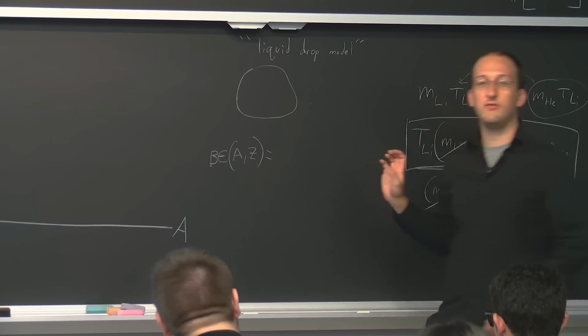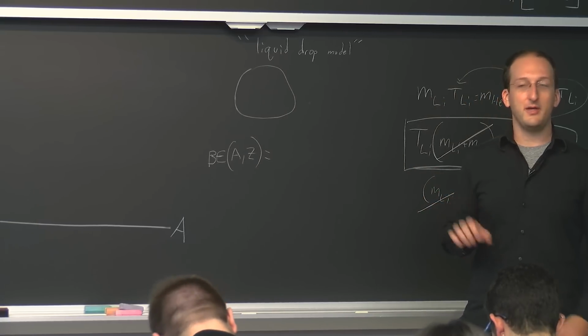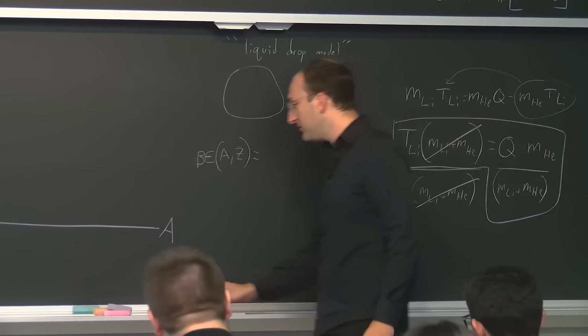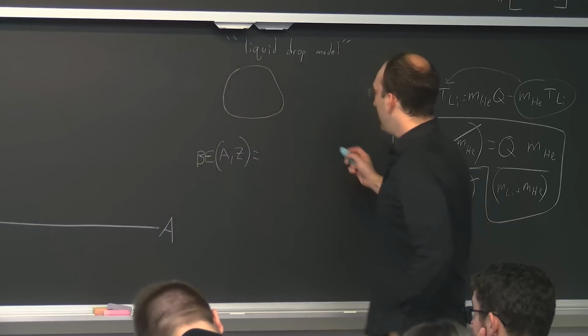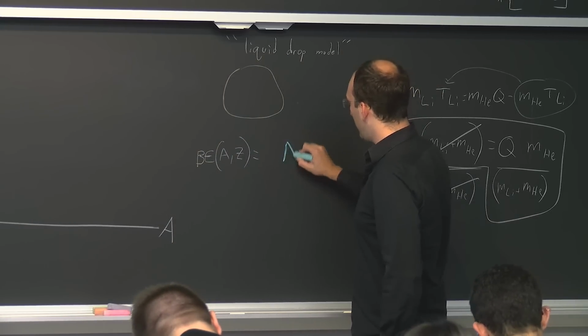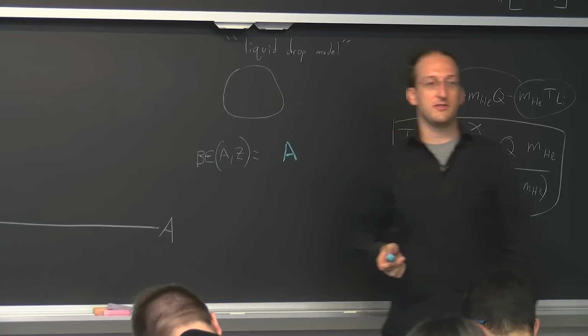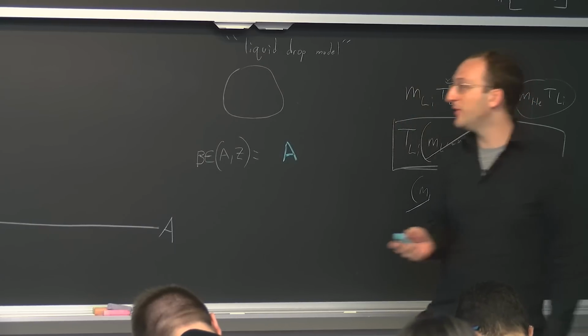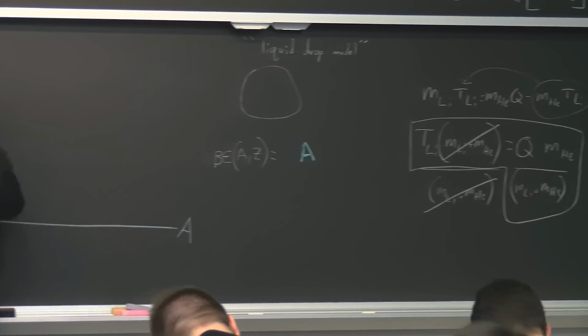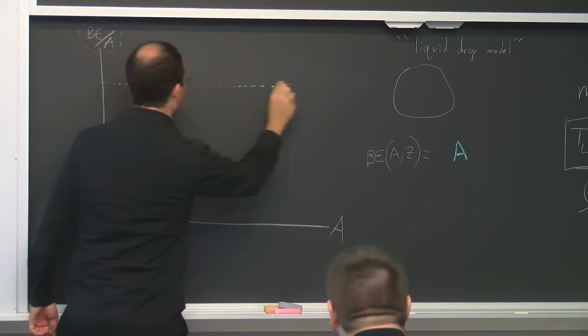As you increase the volume of this liquid drop, its total binding energy should start to increase. So there's some term that's going to be proportional to A, the number of nucleons in this liquid drop.